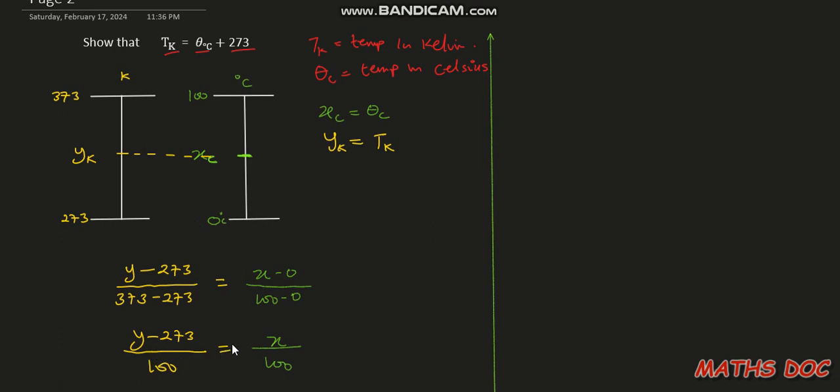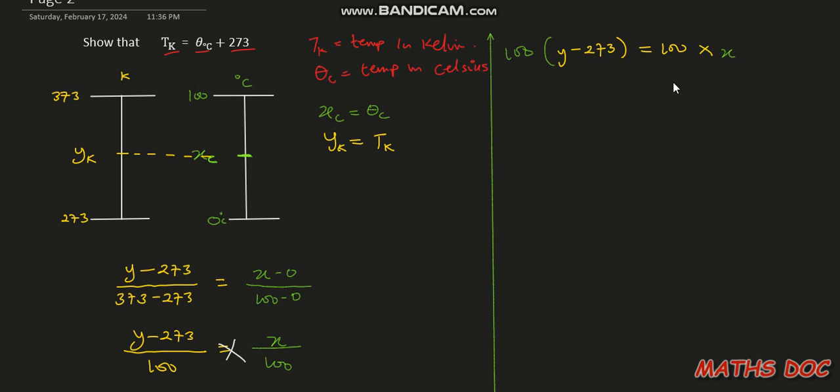Here we are going to take some cross multiplication, and this will give us 100 into the bracket of Y minus 273, and that will be equal to 100 multiplied by X.